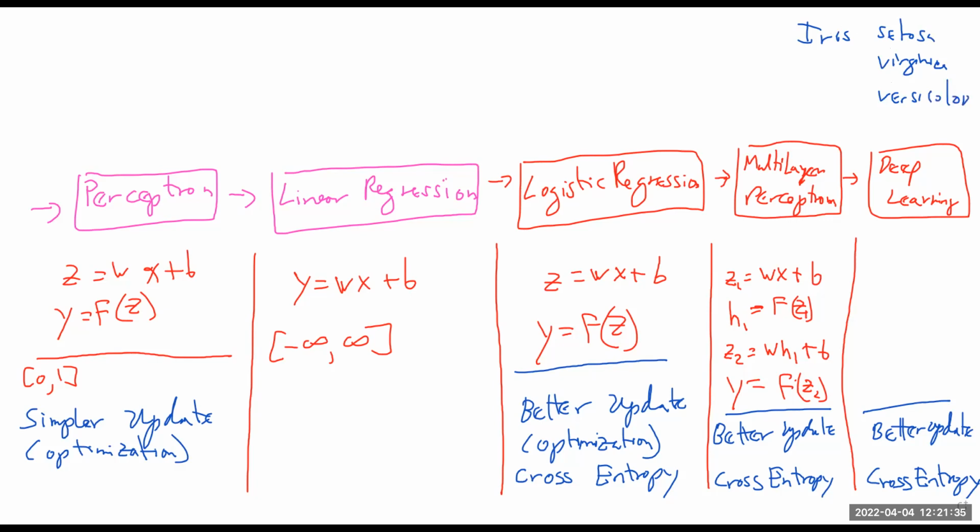Right, so this is supervised learning. That's what cross-entropy is for, okay? Now you can do other things with neural nets, but that's a much more advanced topic, so we're not going to worry about that, but just keep that in mind, okay?